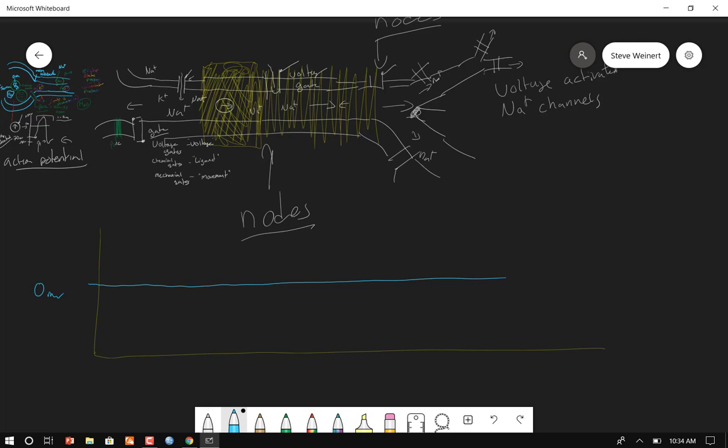If I let some ions, some sodium into the cell here, what's going to happen to the membrane potential at this node? Sodium's going to flow in and go all the way up to plus 30. So at plus 30 millivolts, what is running away at plus 30 millivolts? Inside the cell, what's running away?